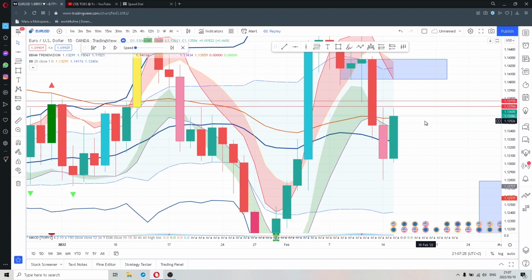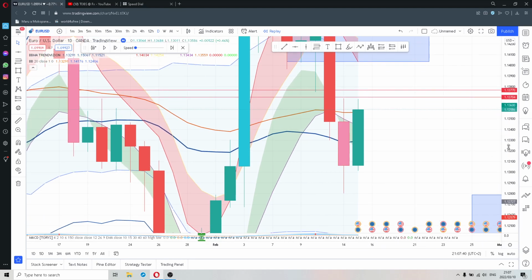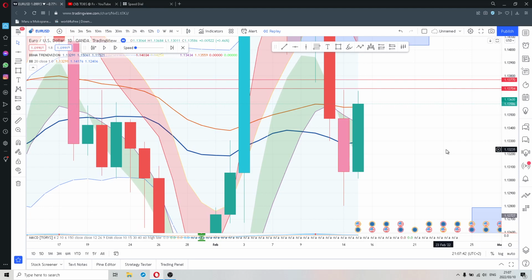At the same time, as you can see, we have these two highs here. We have a high there and we have a high there. Those are relative highs. They are called so by ICT, Inner Circle Trader.